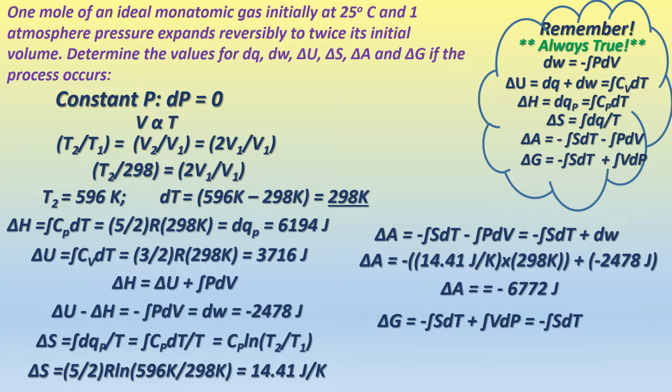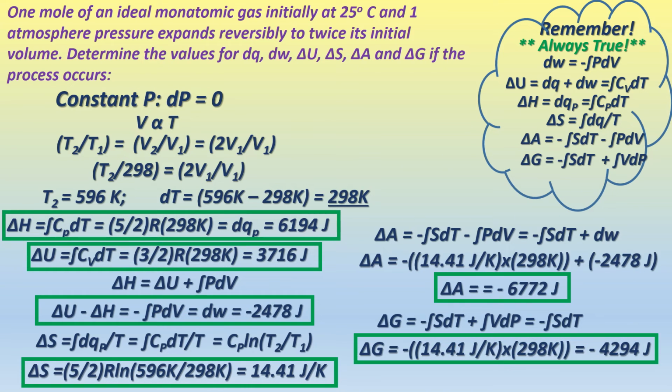Similarly, delta G, you have the fundamental relationship of minus SdT but plus VdP. However, since I have a constant pressure, that simply winds up being the entropy, 14.41 joules per degree Kelvin, times the change in temperature. So you get a change in the Gibbs free energy of minus 4,294 joules.